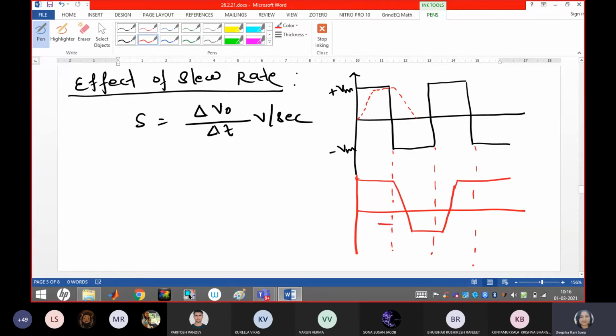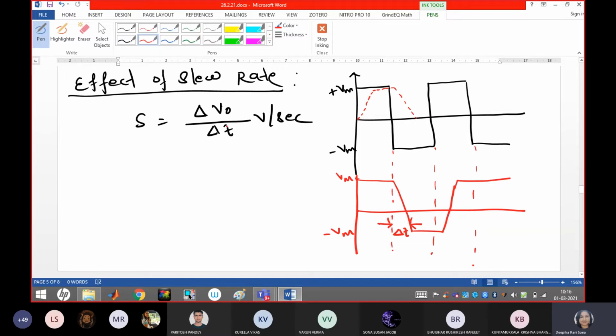So there is a change in the x-axis, which is the delta t, as well as this whole change from plus Vm to minus Vm. How much change is there in my new output? Suppose again this is Vm and this is the new Vm. In this way we can represent the change in output voltage with respect to change in time.